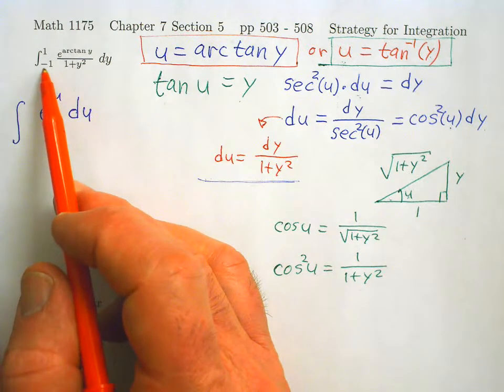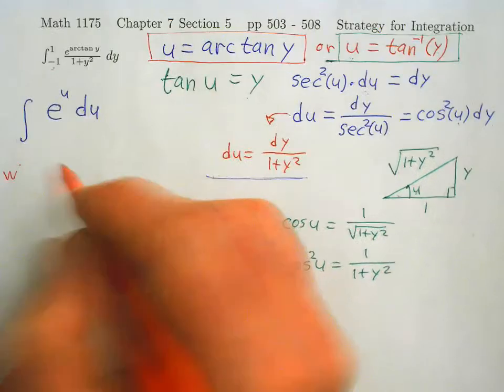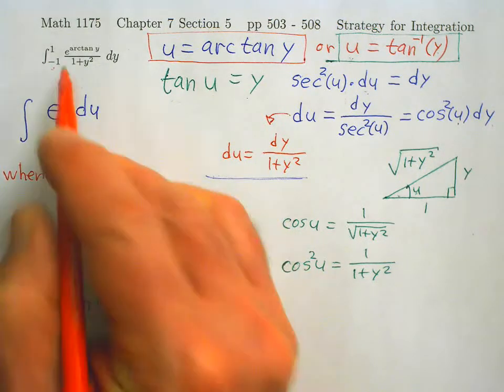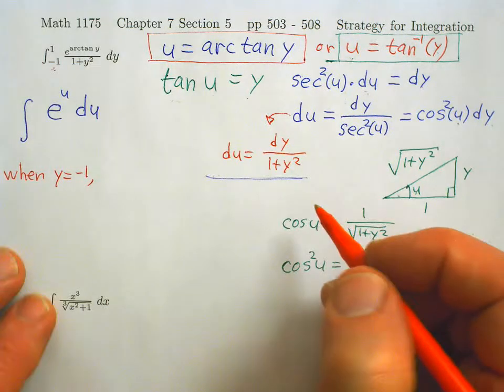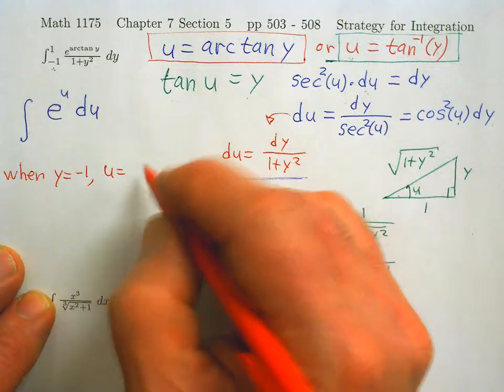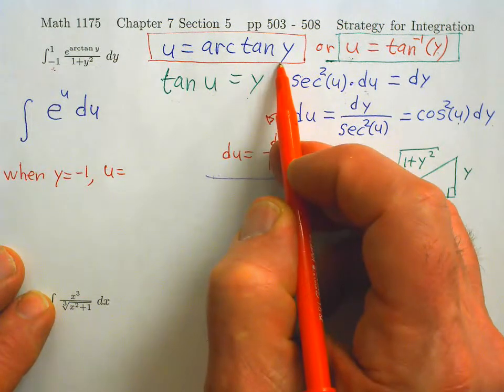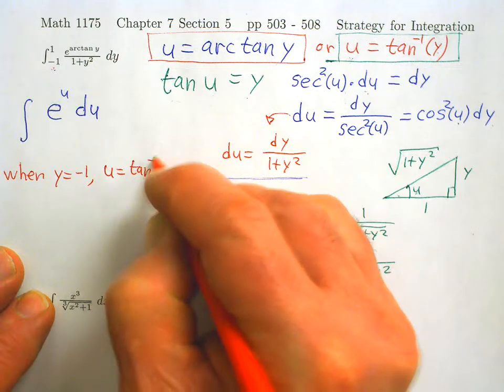Okay, so we use this substitution. When y is equal to the lower limit, -1, the u value is the arctangent of -1, or the inverse tangent of -1.